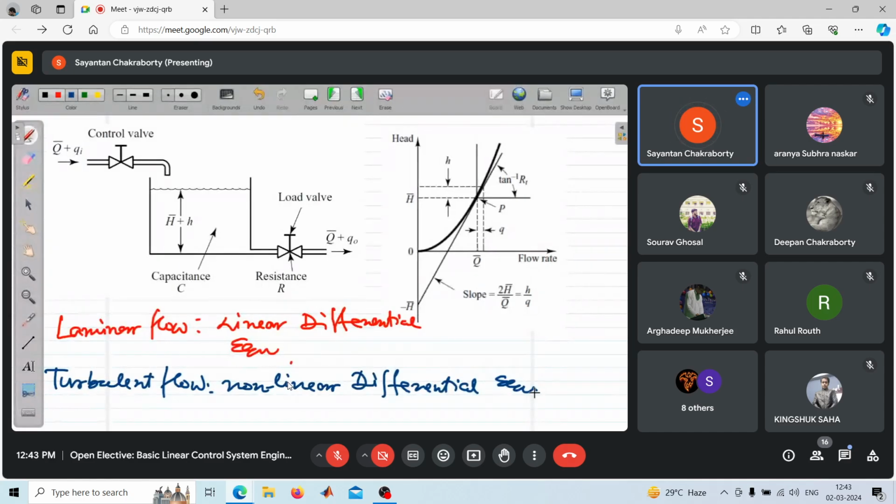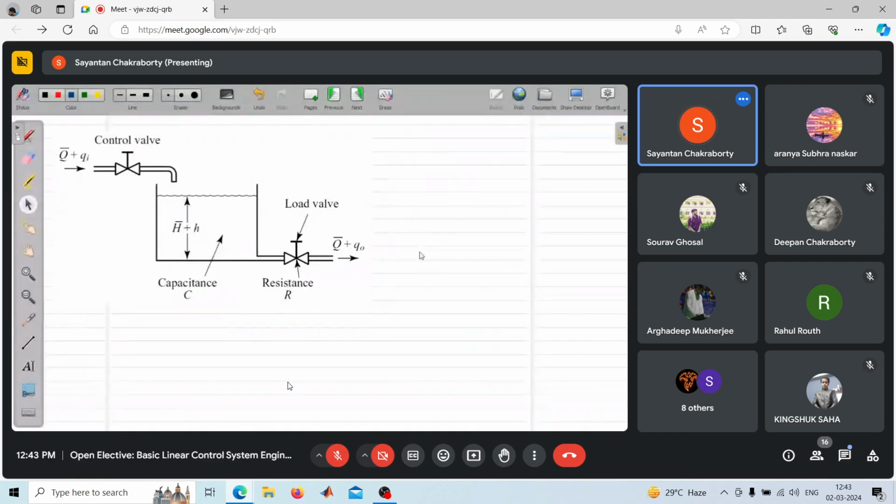To model this, as I have stated previously, the system will be considered linear, that is, the flow is laminar, or if it is turbulent, we'll linearize the equation by keeping in mind that the variations in qi, h, and q0 are very small. In either case, be it a linearized system or a completely linear system, we'll try to obtain a differential equation for it. How can it be obtained?